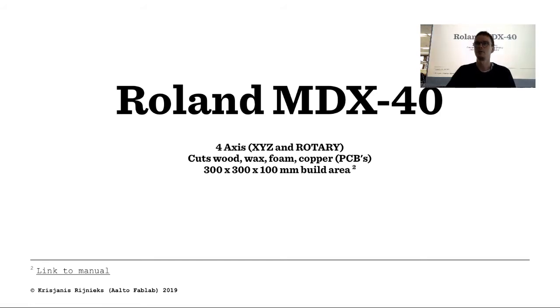The Roland MDX40 is a 4-axis machine. Normally you would use it as a 3-axis machine, but you can also install the 4th rotary axis, which is able to turn the material around, and you can do 3D milling with it. It cuts wood, wax, foam, and copper, and the build area is a bit bigger.